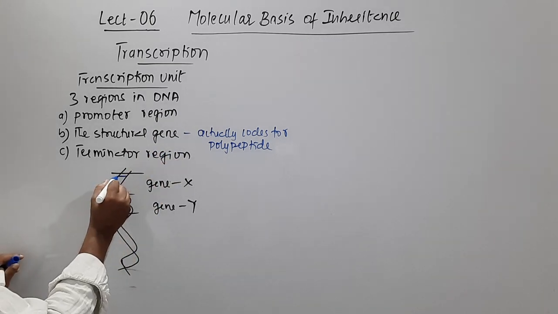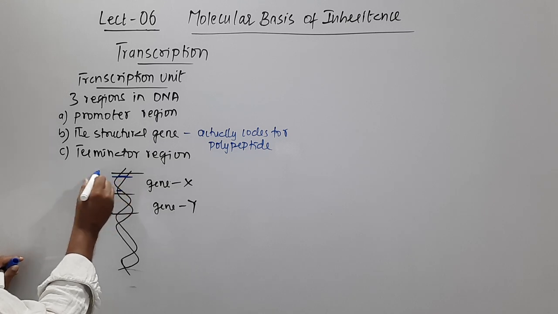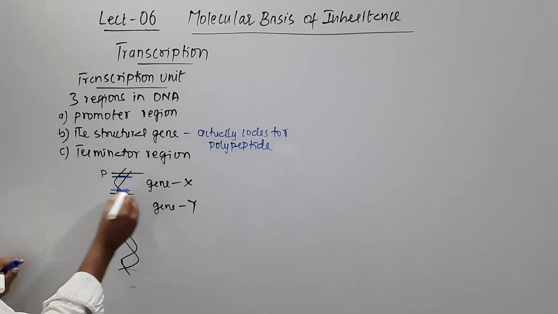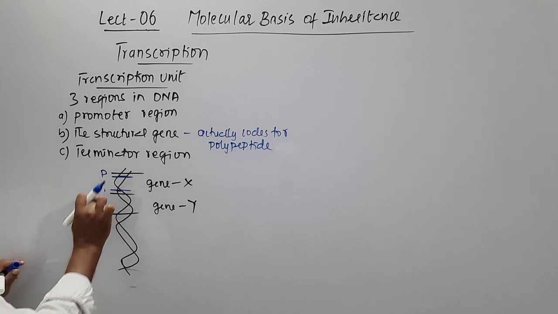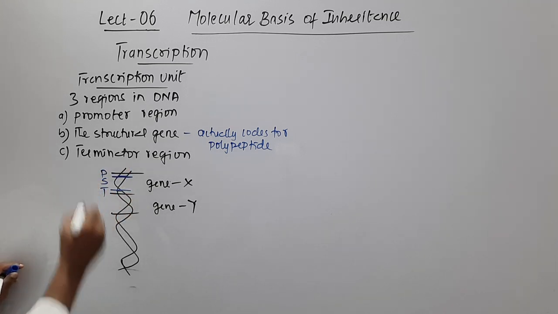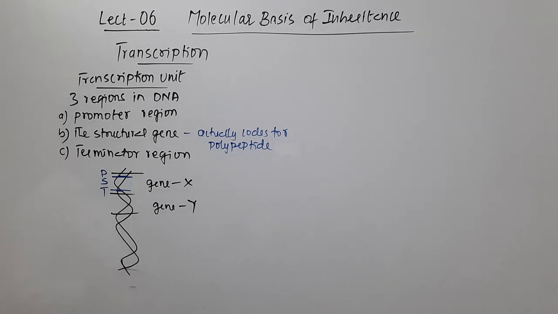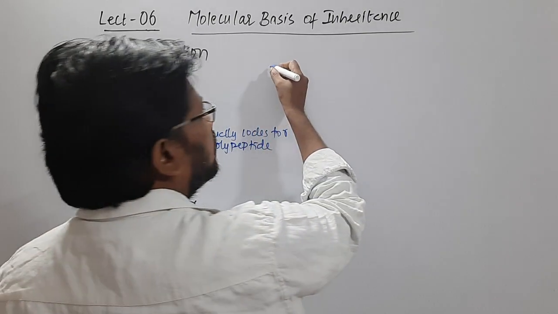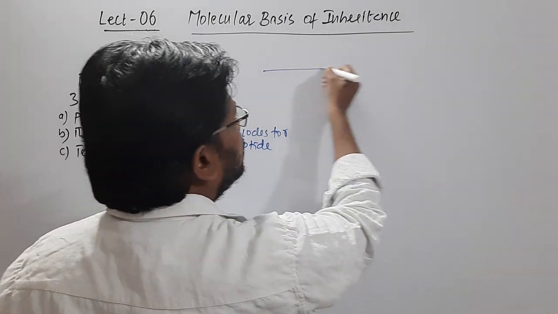So in this case you can see this part is the promoter, and here is the terminator, and between these two is the structural gene. So let's see the transcription unit.